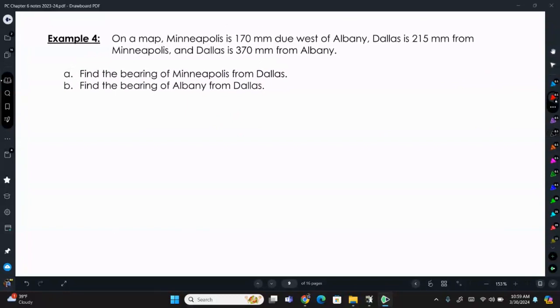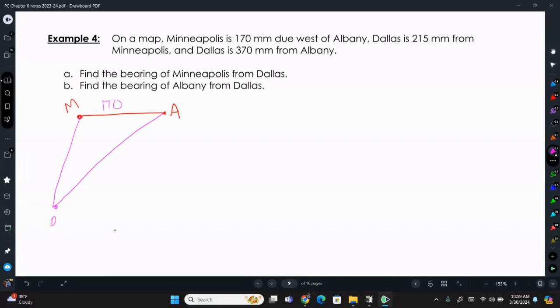So I'm going to draw this out. I have Albany, and then due west is Minneapolis. And then Dallas, I'm going to put Dallas down here. And then let's label.